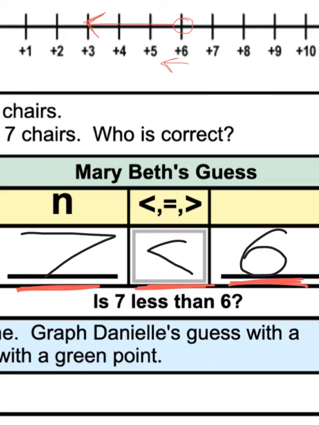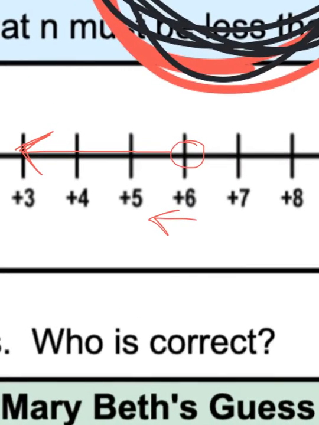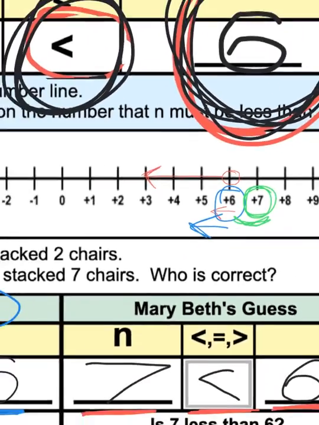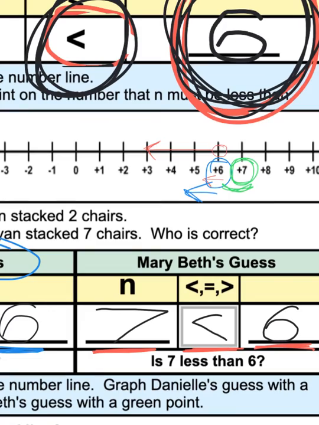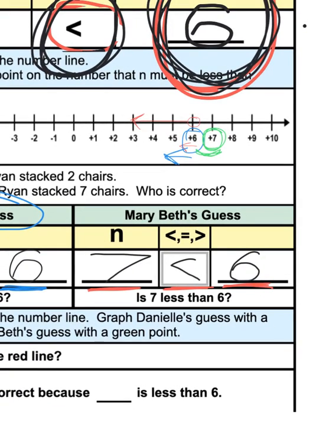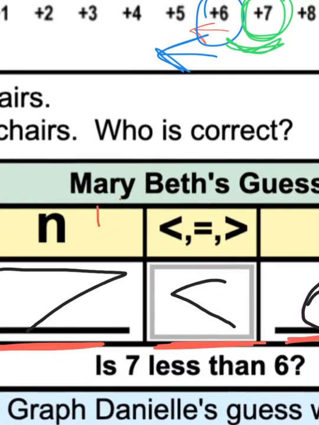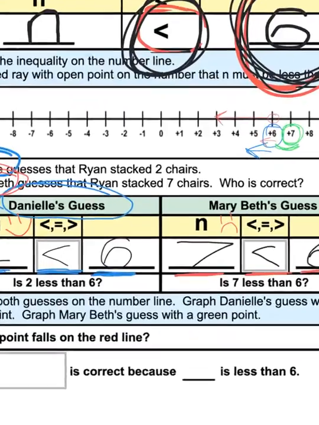So if we go up here and look at our number line, here's 6. Less than, remember, would be going this way. But Mary Beth is saying that 7 is less than 6, which is not correct. In this case, 7 is greater than 6. So Mary Beth's guess would be incorrect. So just so I remember, I'm going to put a little sad face. Poor Mary Beth. Okay.